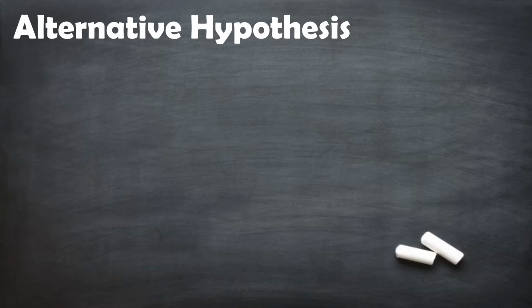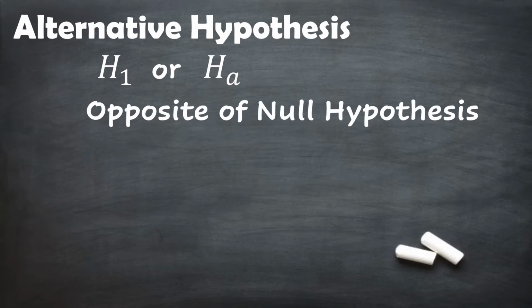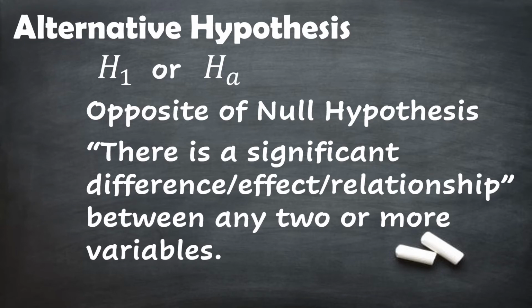The alternative hypothesis is denoted with H sub 1, or sometimes H sub A. It is also the opposite of the null hypothesis, wherein if the null hypothesis is that there is no significant difference, effect, or relationship, in the alternative hypothesis we have that there is a significant difference, effect, or relationship between any two or more variables.